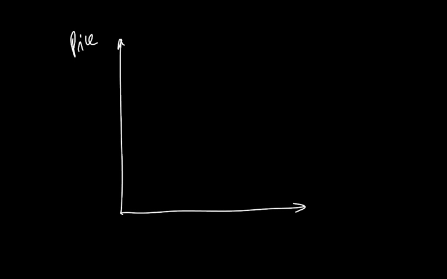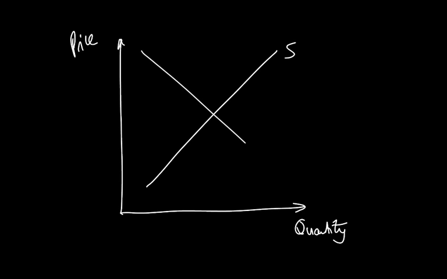So let's think about how we would demonstrate an indirect tax on a market diagram. As we are hopefully getting fairly used to, we are going to start off with our standard micro diagram. So price and quantity on the axes, supply and demand labelled clearly on the curves, and then our market equilibrium position.